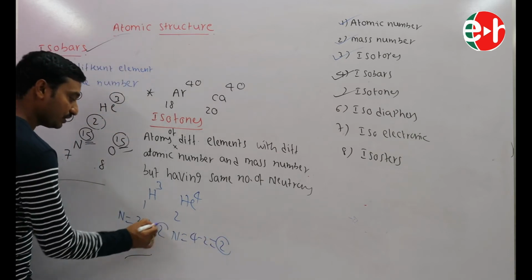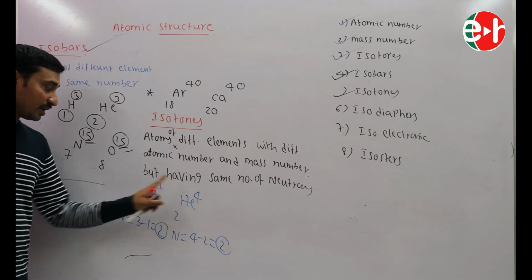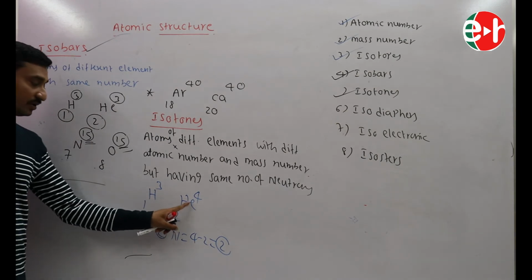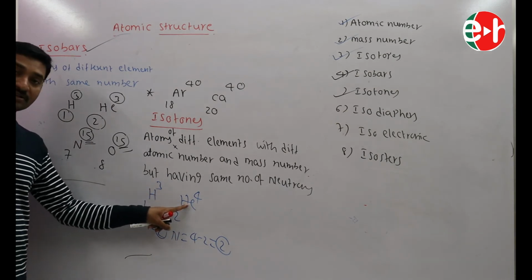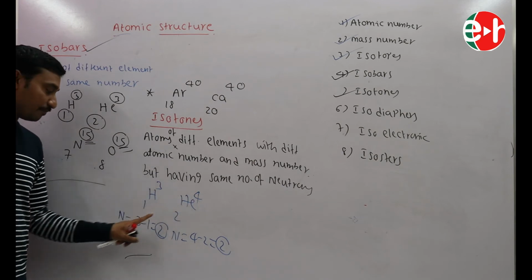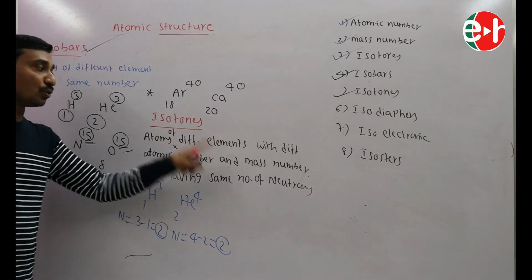Here number of neutrons 2, here also number of neutrons 2. Mass number different, atomic number different, different elements. Atoms of different elements with different atomic number, different mass number, but same number of neutrons, called as isotones.